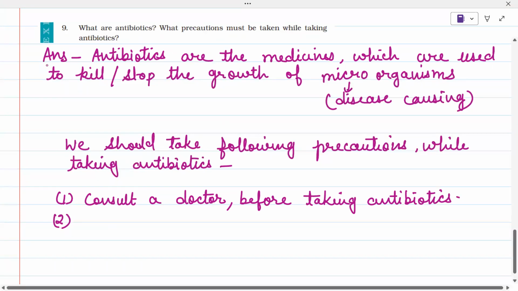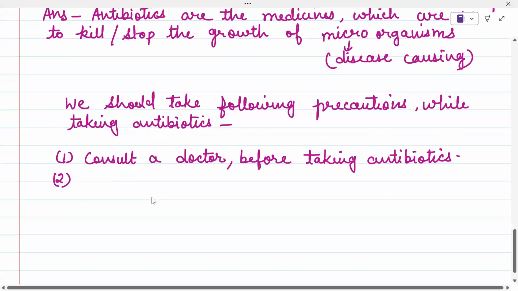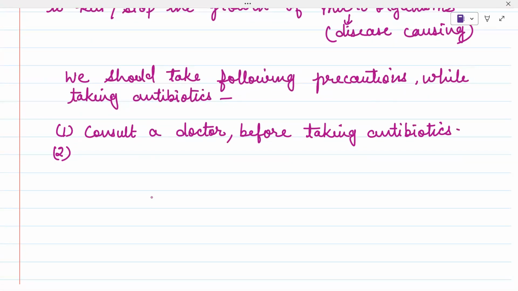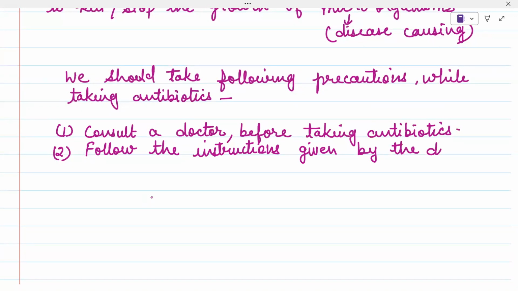Then point number two, follow the instructions given by the doctor.